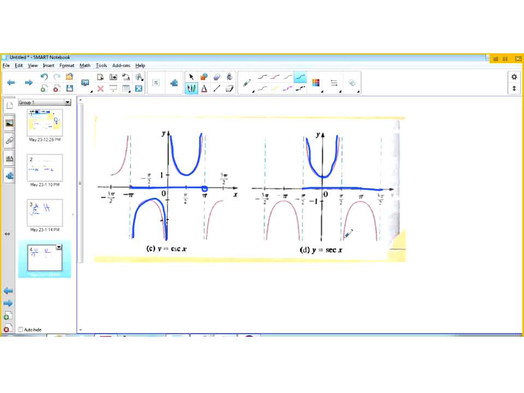But here is the piece that you'll cookie cutter. You take this piece and start at negative pi halves and paste it to the left, or you start at 3 pi over 2 and paste it to the right. Then you'll have the periodic graph of the secant function. All right, so let's do some examples.